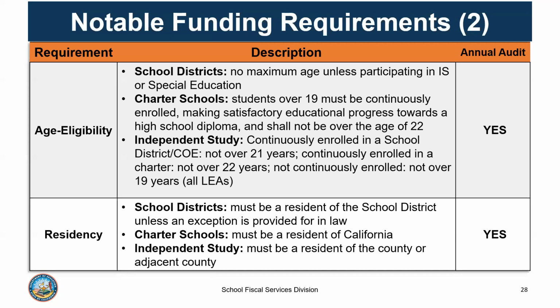For independent study, students that are continuously enrolled in a school district or COE cannot generate independent study ADA over the age of 21 years. Students that have been continuously enrolled in a charter school shall not generate independent study ADA over the age of 22 years. And students at any LEA that have not been continuously enrolled since their 18th birthday can only generate independent study ADA until they are 19.